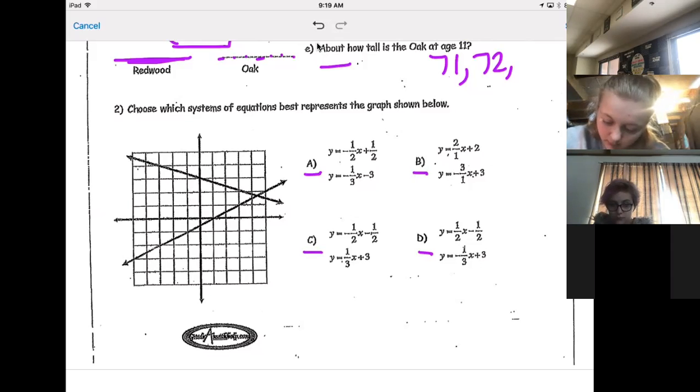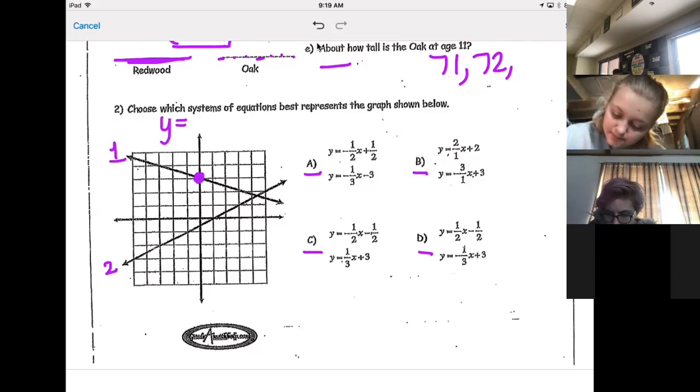So let's start with this line. This will be line 1. This will be line 2. Let's go from the graph. Line 1 has a y-intercept of what? 3. So if we do y equals mx plus b, the b is 3. Now if we follow it along, it kind of looks like it's there, but it's not perfect.